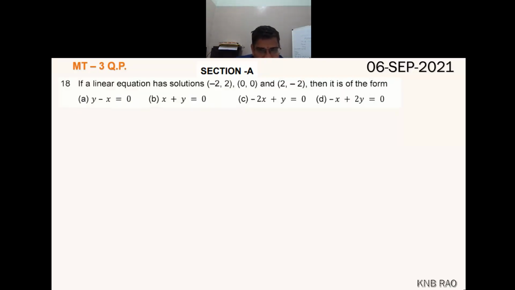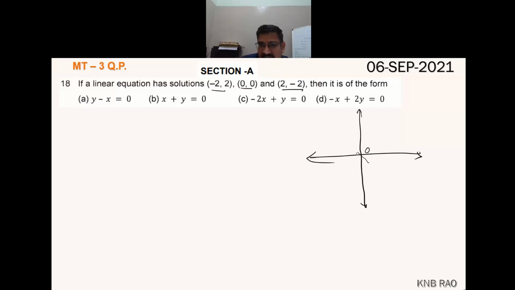If a linear equation has solutions minus 2 comma 2, 0 comma 0, 2 comma minus 2, so definitely if I keep substituting these points here, I'll get it anyway. By watching these points, I can say in the Cartesian plane, it is passing through origin.